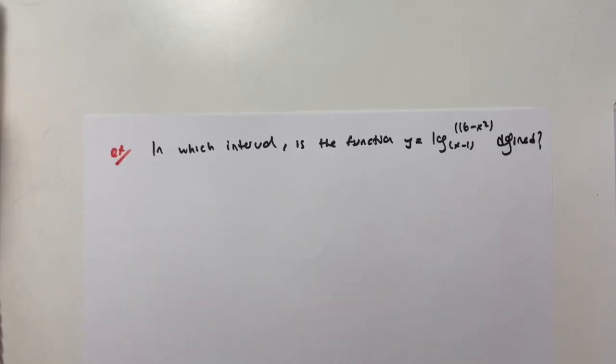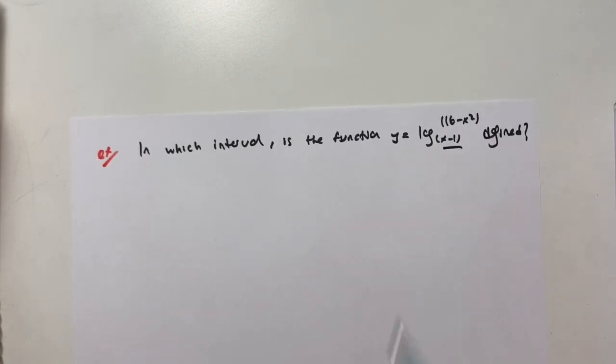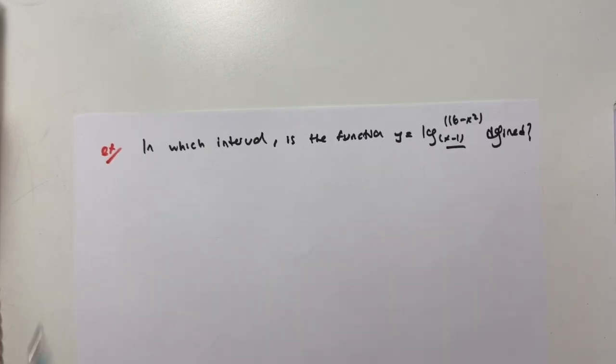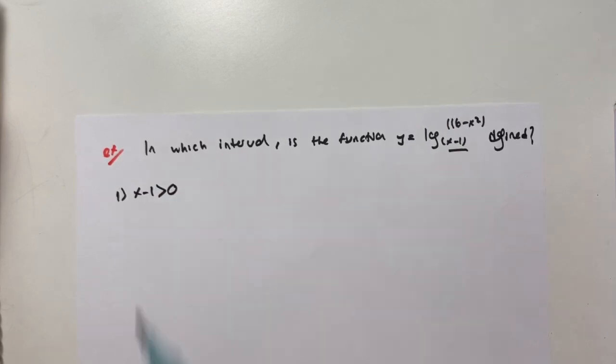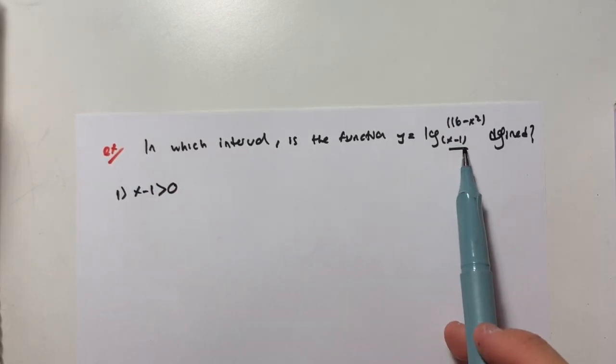And let's move on to this question. The question asks us, in which interval is the function defined? Since this is a logarithmic function, as you remember, we have three rules. According to the three rules, this part must be greater than 0. And for the second rule, this part also cannot be equal to 1.